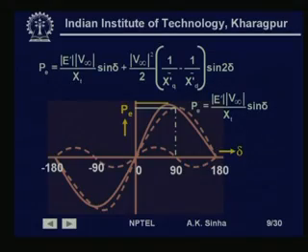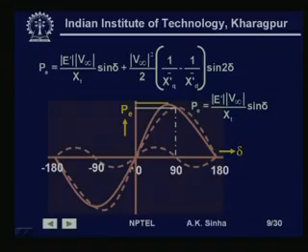That is, the machine will lose its stability if we try to operate beyond this point. If we want to work the machine beyond this maximum power, the machine loses stability, and we have worked this very gradually.